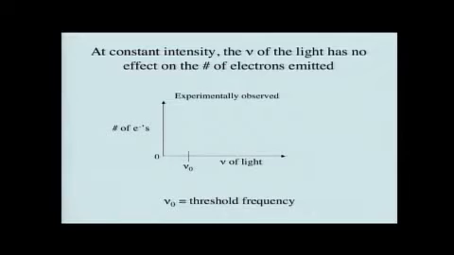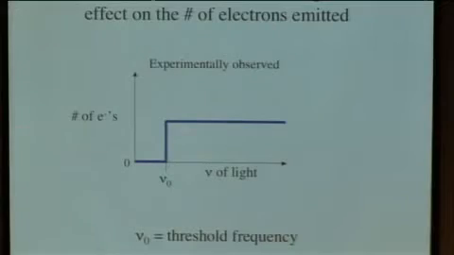So what they could do was actually graph what was happening here. And what they found was that if we were at any point below the threshold frequency, and we were counting the number of electrons that were popping off of our metal, we weren't seeing anything at all. But if you go up to the threshold frequency, suddenly you see that there's some number of electrons that comes off.